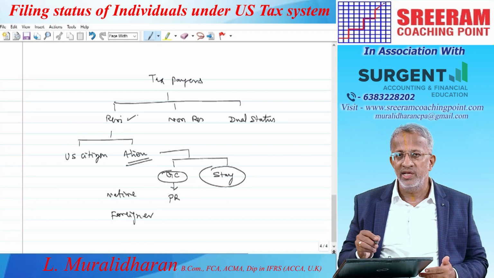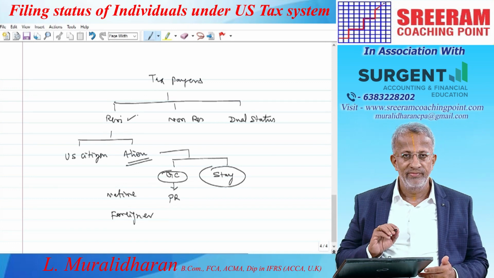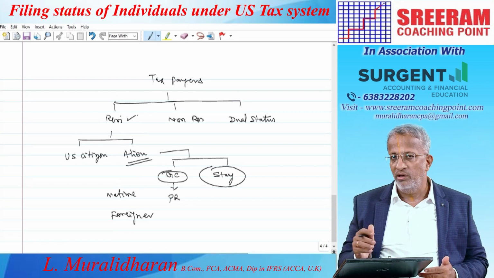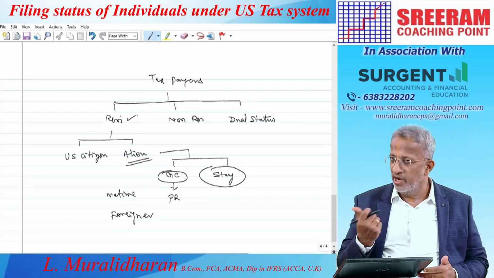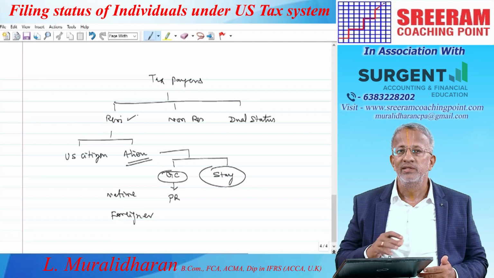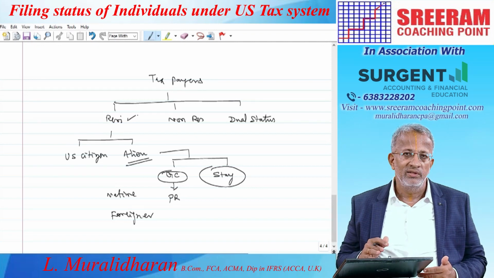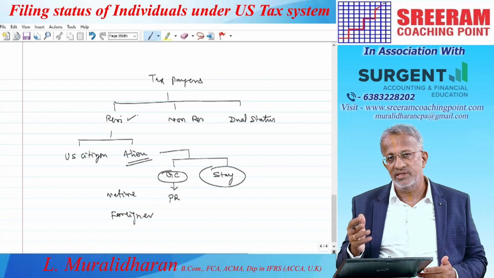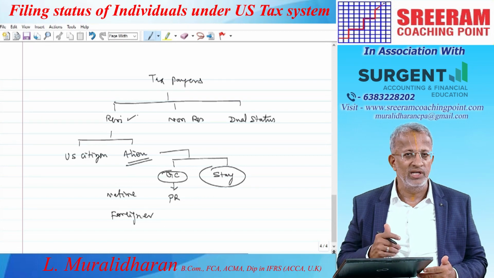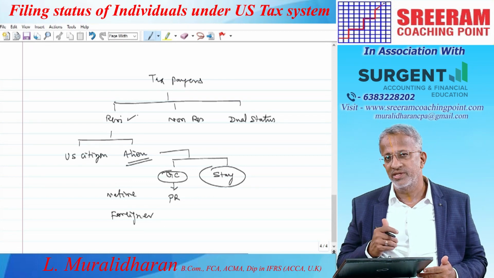So, through green card and stay test they can be resident, but they are all aliens. Alien means foreigner. That is what we have to understand. These are the terms that they use in the Internal Revenue Service, that is IRS. In India we call it the Income Tax Department, there they call it IRS.